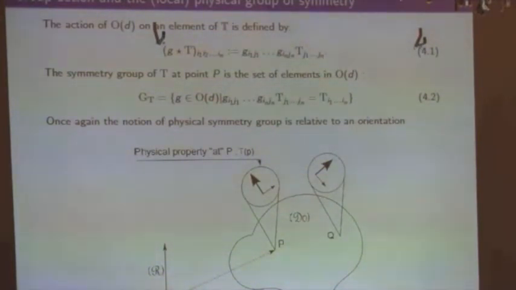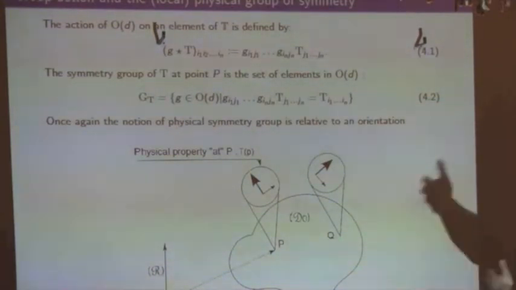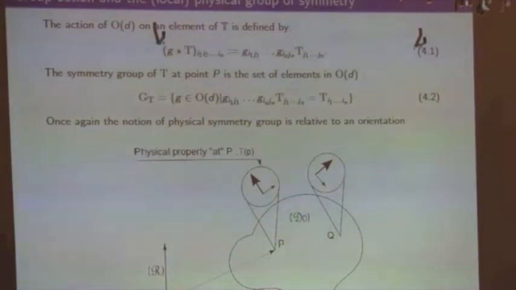Here I try to forget the matter now and picture over the points P and Q some specific orientation for the property of interest. We can see that over P I have strong directivity toward that direction and a small one toward the orthogonal one, and things are different over Q. So the question is, I have a tensor.